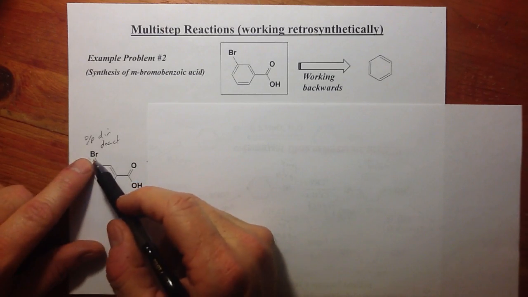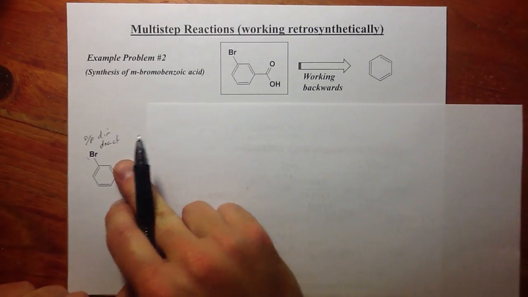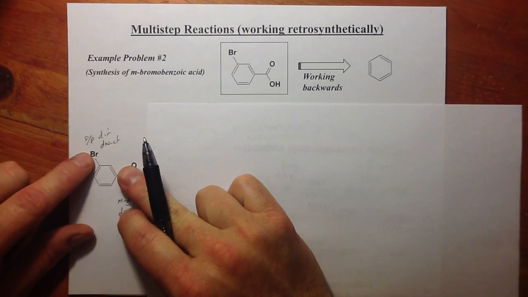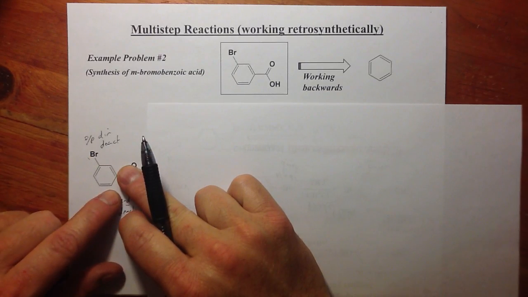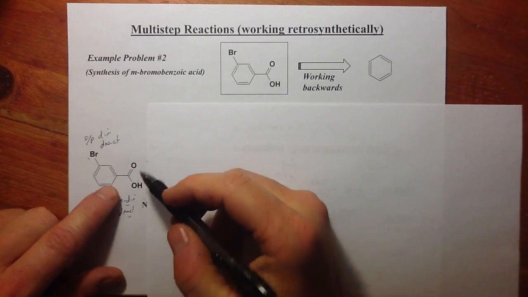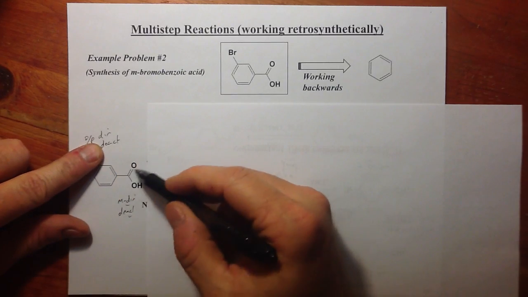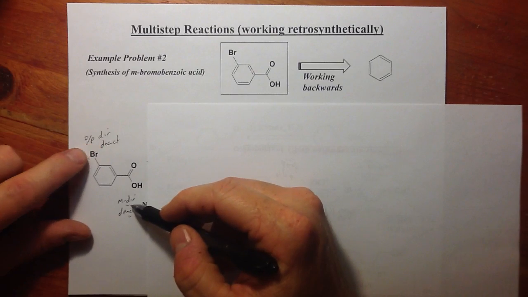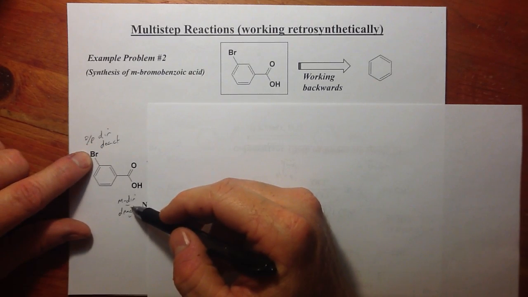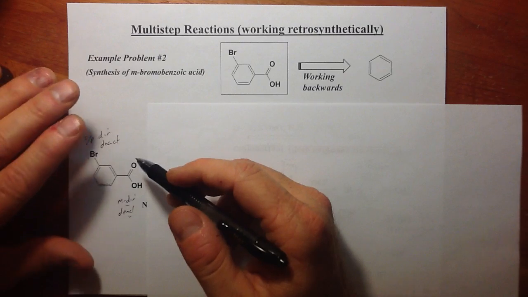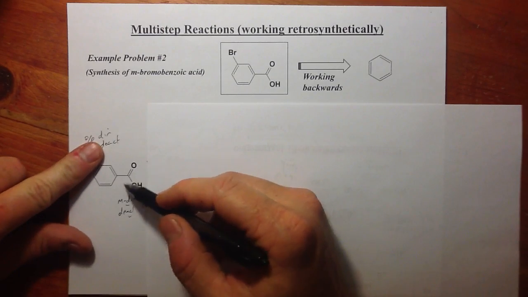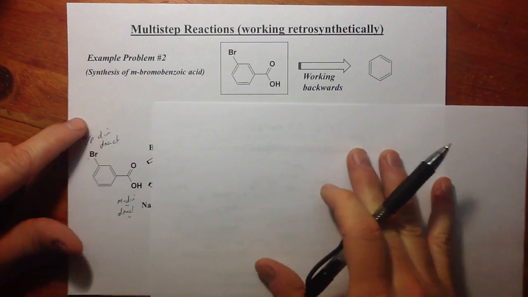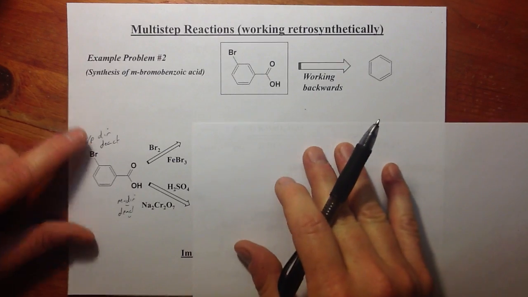So if I put this on first, thinking backwards, I could only have something go to the ortho or para positions in the EAS reaction. But if I put this group on first, then this would direct bromination to the meta position. So in looking backwards, I'm going to have this as our last step. I'm going to propose halogenation of benzoic acid. So that's our top route.